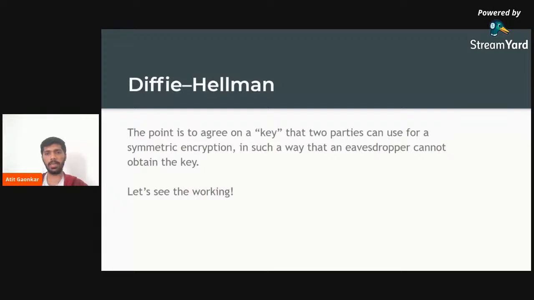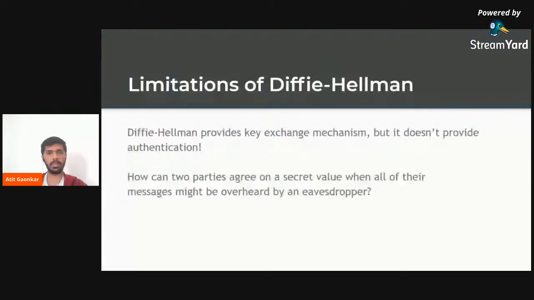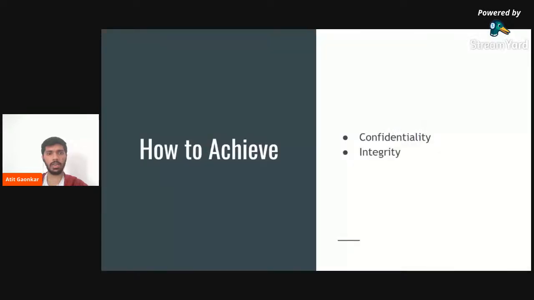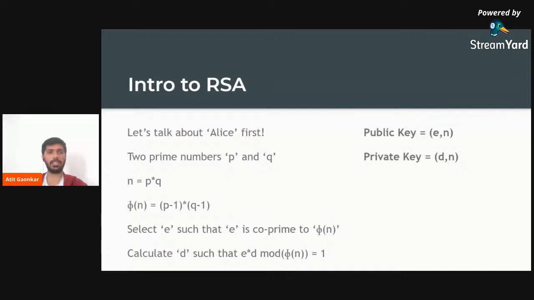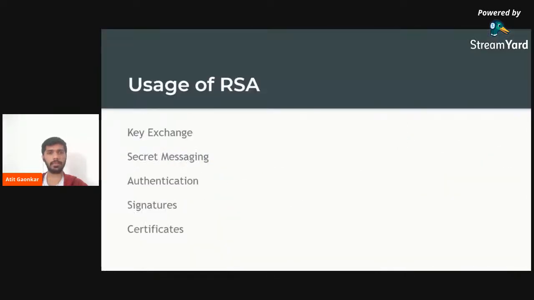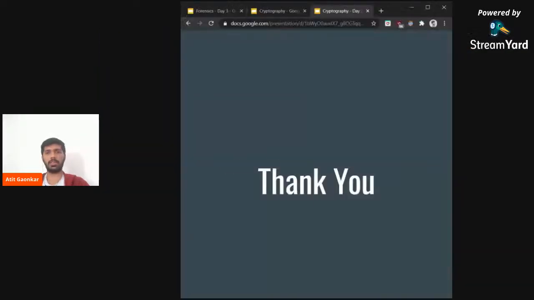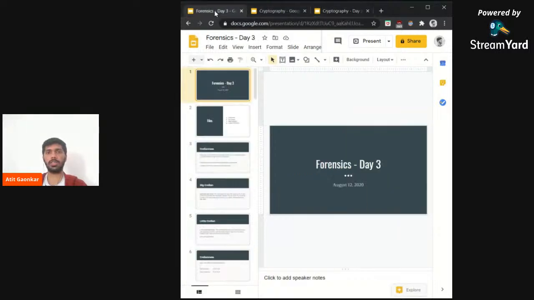Then the limitations of Diffie-Hellman, and how to secure Diffie-Hellman using PKI, public key infrastructure, or RSA. Then we achieved confidentiality and integrity using hashing and encryption. Then we did a little bit of RSA's introduction. So that concluded the cryptography for day 1 and day 2.